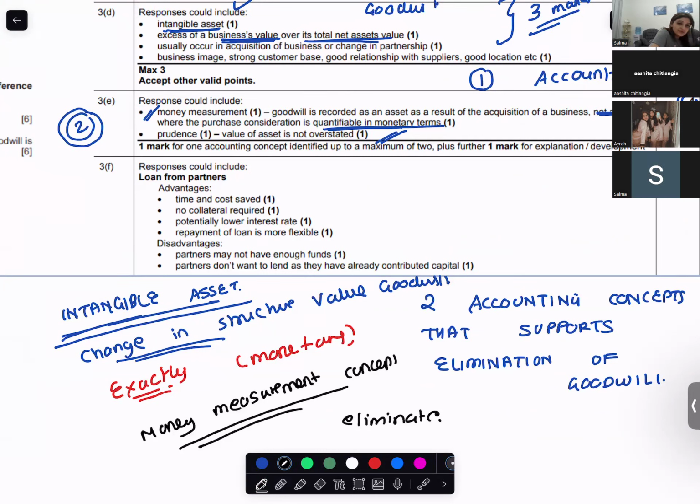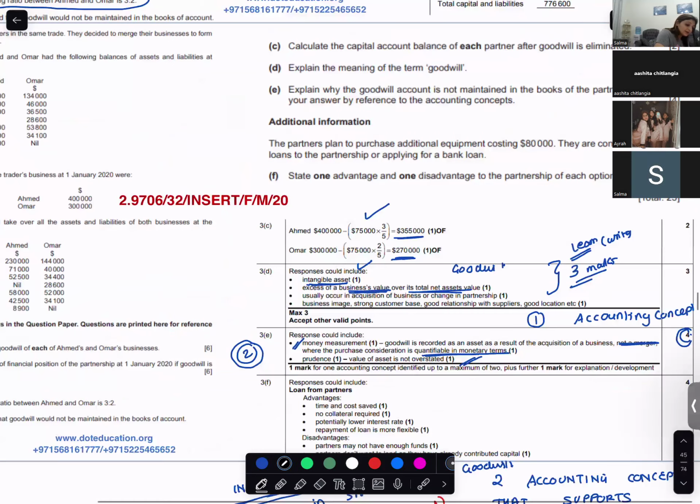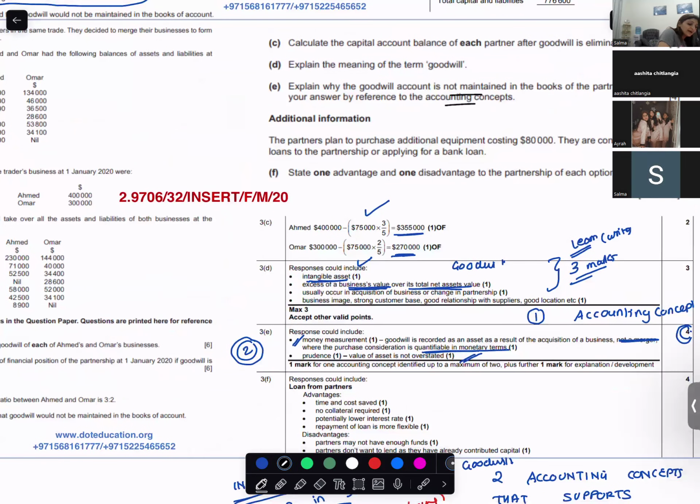Okay, so give me again the two accounting concepts that support elimination of goodwill. One is money measurement, because the goodwill does not have the exact value, so you need to eliminate it. And second is prudence, so that the assets are not overstated. Okay, very good. So this is the reason why you eliminate it.